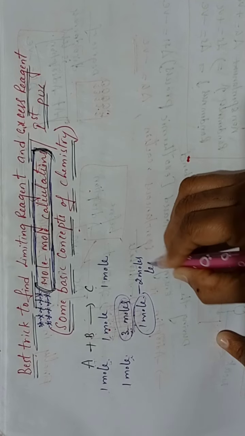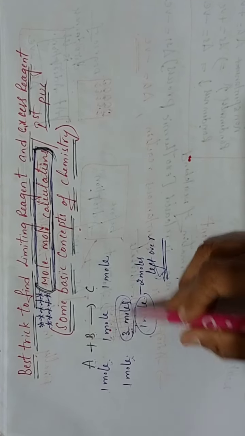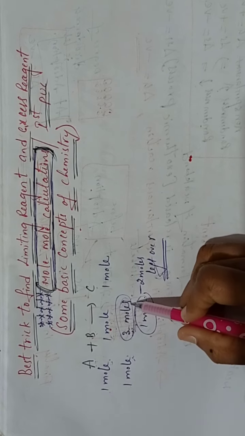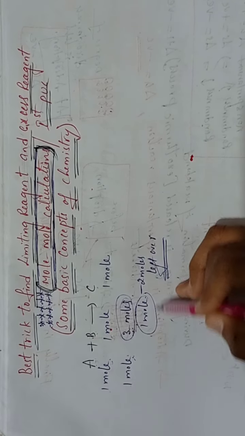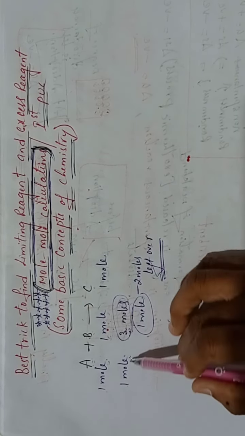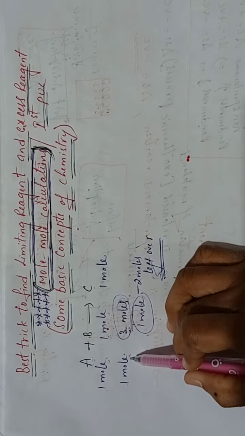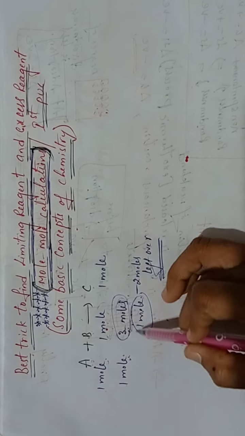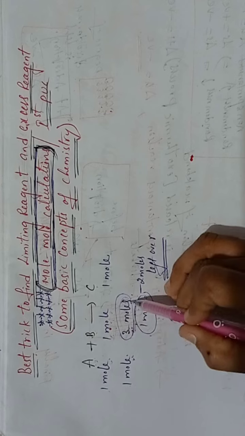Clear this one? That means 2 moles excess. Only 1 mole of the reactant A and 1 mole of the reactant B react with one another. So 1 mole of A requires only 1 mole of B, only 1 mole of B is consumed, and the remaining 2 moles are in excess.